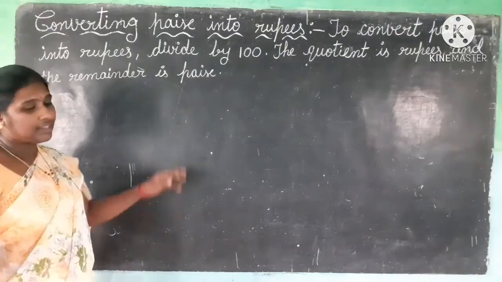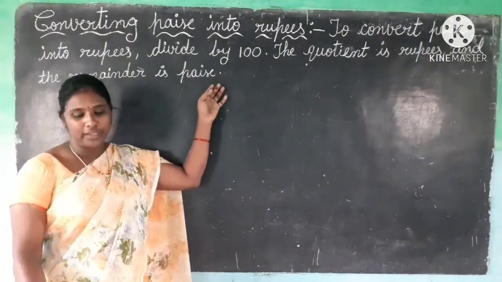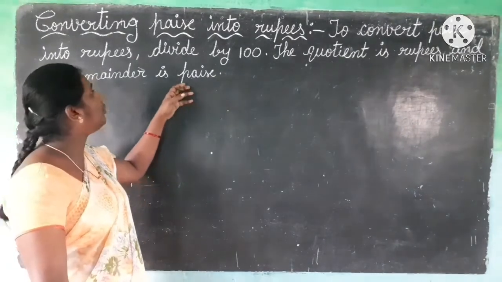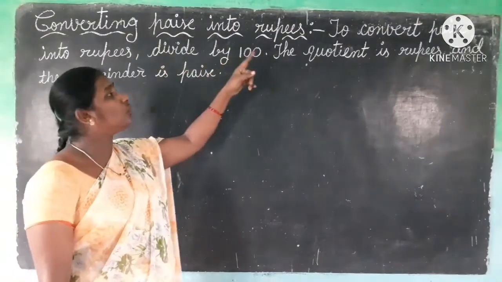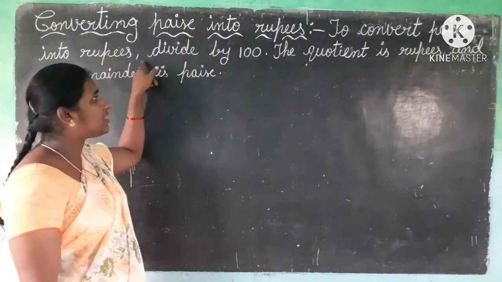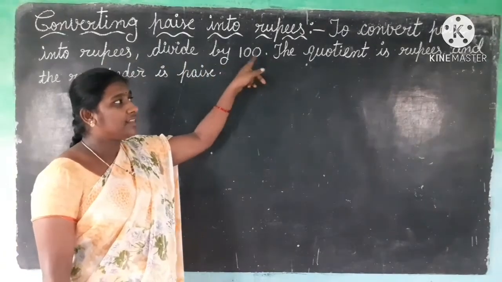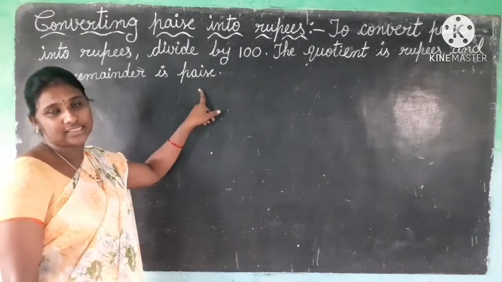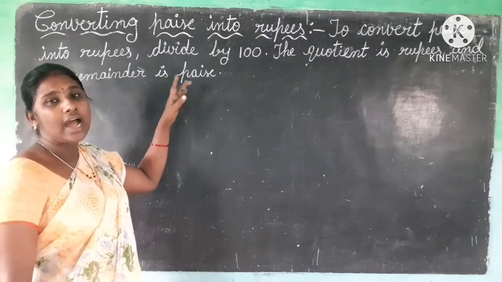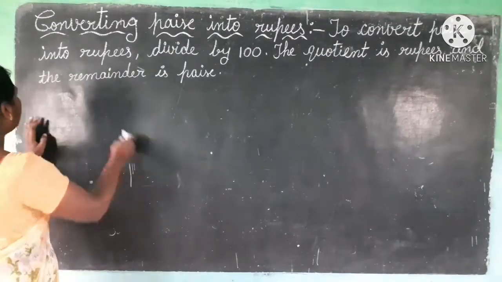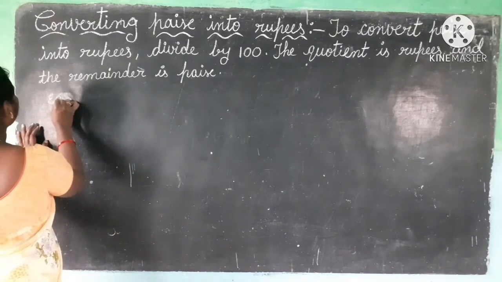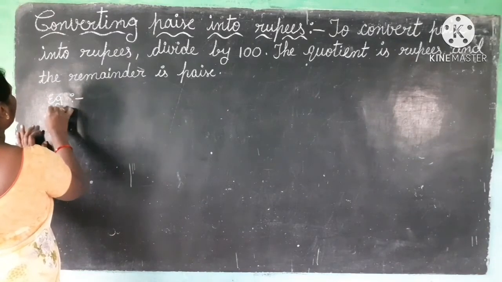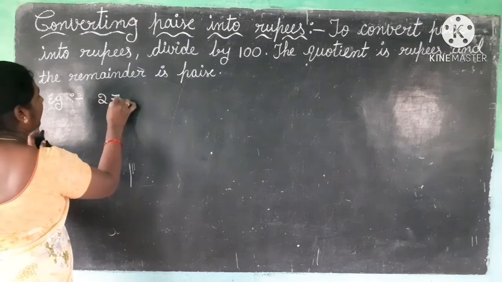Next one is converting pies into rupees. How should we convert? To convert pies into rupees, divide by 100. The quotient is rupees and the remainder is pies. For example, 270 pies.